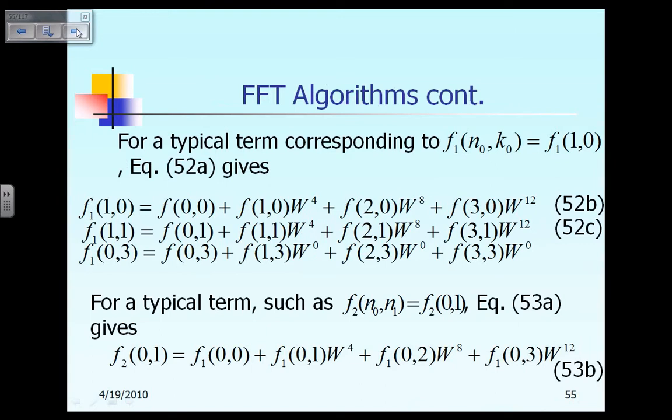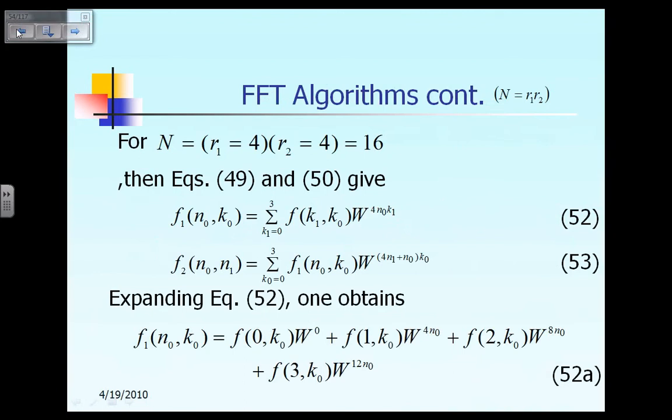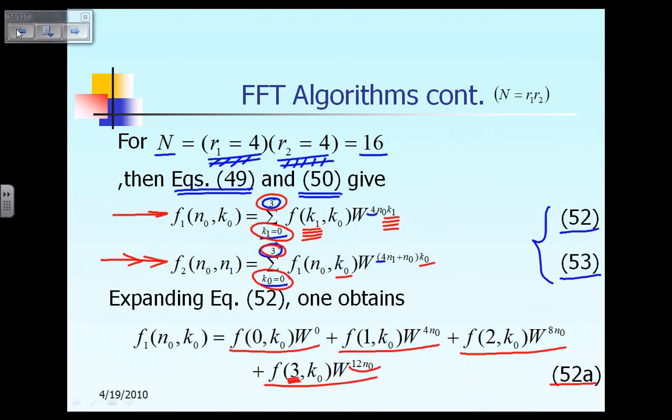Now, for a typical term corresponding to f1 n0 k0, if you go back to the previous formula for f1 of n0 k0, let's see what happened. You see you have f1 n0 k0, which is shown in equation 52a.